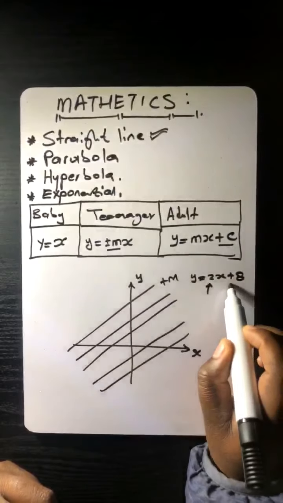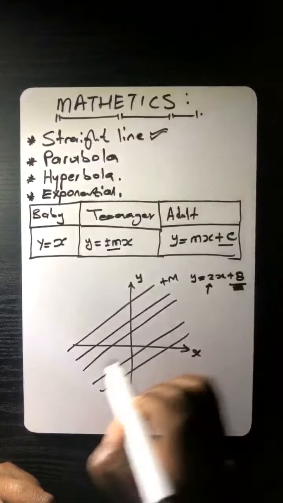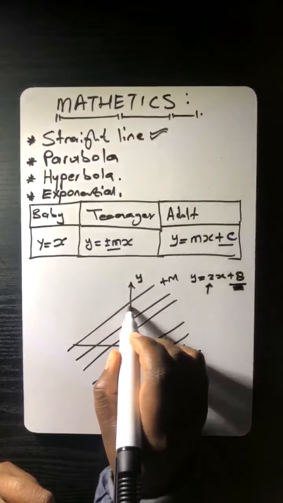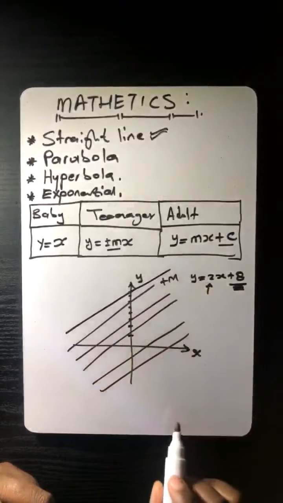And because your c value is a positive 8, this straight line moved 1, 2, 3, 4, 5, 6, 7, 8 units up.